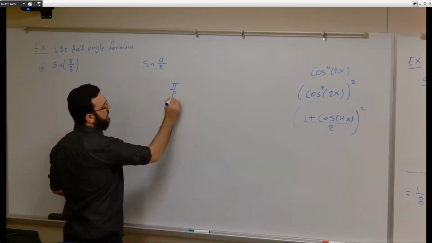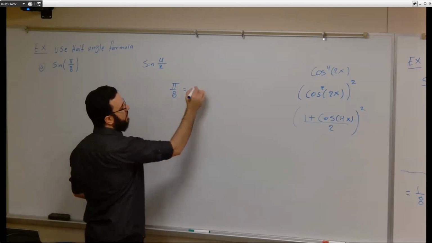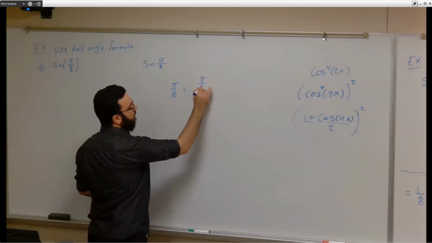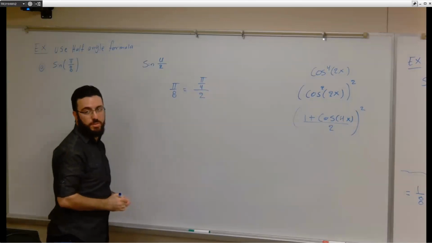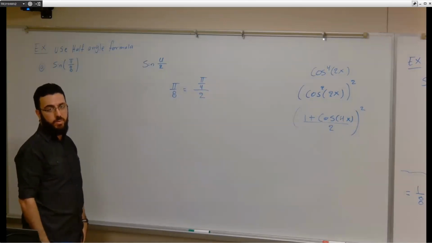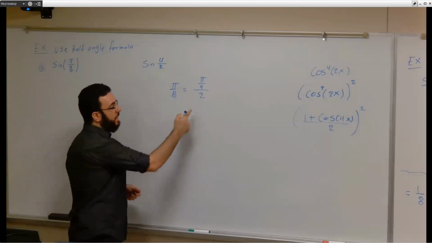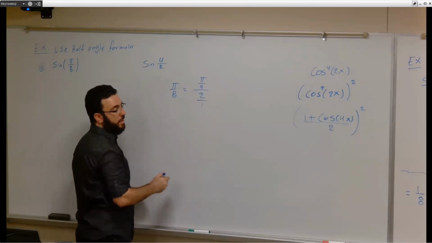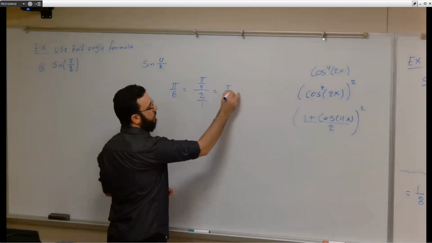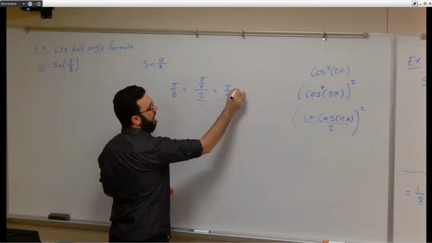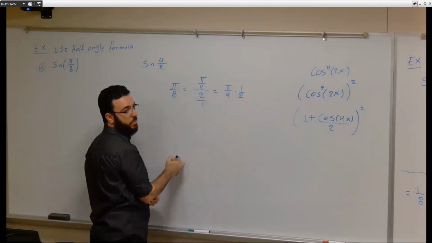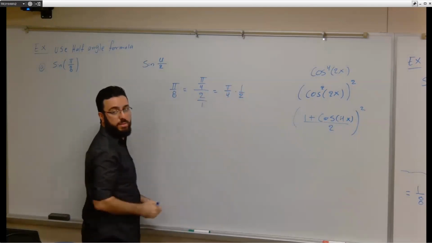Pi/8. Can I write pi/8 as an angle divided by 2? Is pi/4 divided by 2 the same thing? Yes or no? If I put pi/4 times 1/2, it's going to be pi/8.